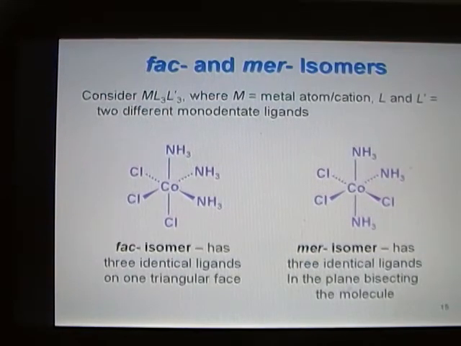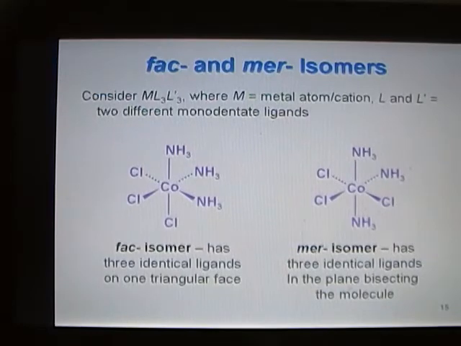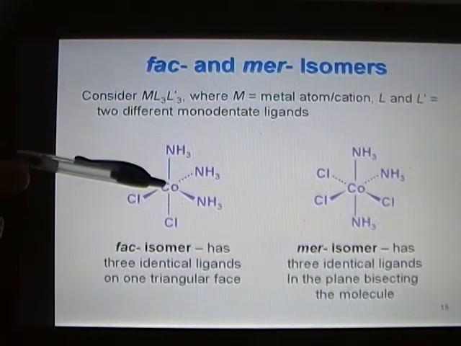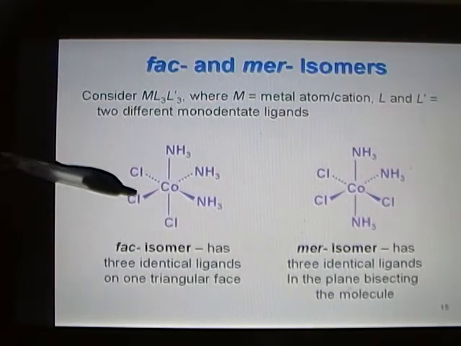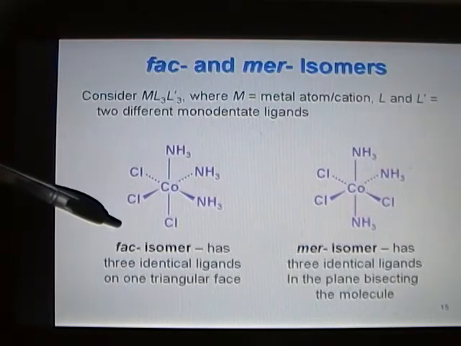In octahedral complexes, we have fac and mer isomers. Now let's consider ML3L'3, where M is the metal cation or atom. L and L' are two different monodentate ligands. In the first case, you have cobalt, where all three chloros are 90 degrees from one another.